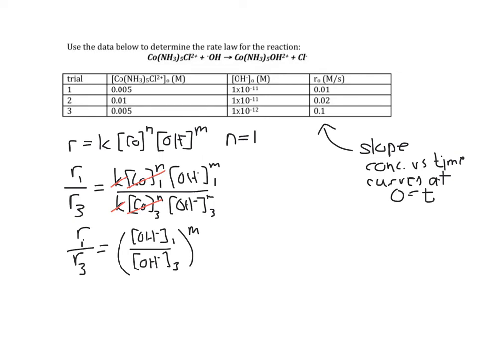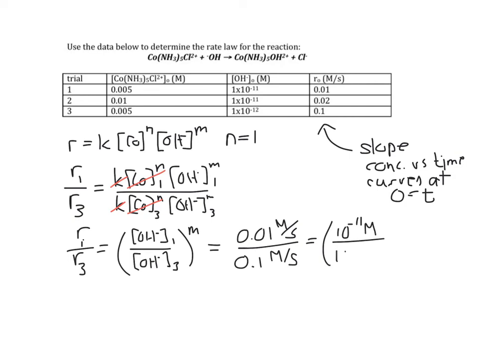And since I have a table of data, the rate for trial 1 is 0.01 molar per second. The rate for trial 3 is 0.1 molar per second. And the concentration of OH minus in trial 1 is 10 to the minus 11th molar. And the concentration of OH minus for trial 3 is 10 to the minus 12th molar.